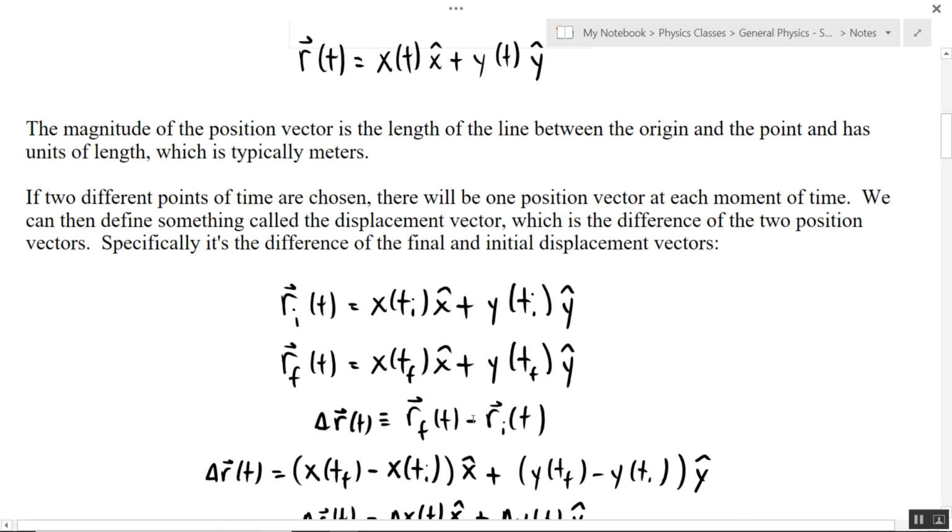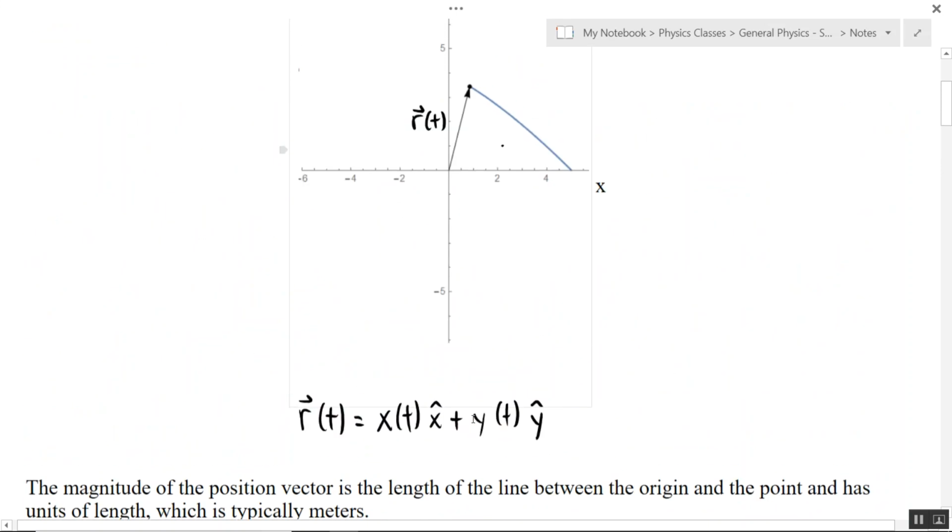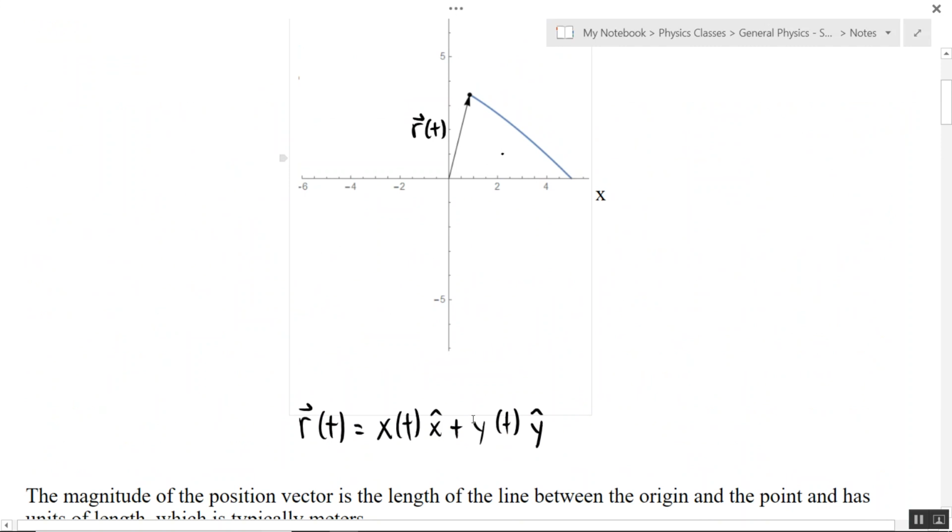So how do you write a vector? You write a vector in component form, right? It's a little bit in the x direction, plus a little bit in the y direction. If you know the x and y coordinates of this person, then you make this into a vector.